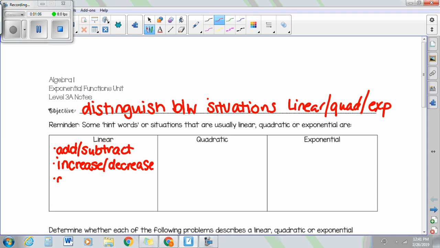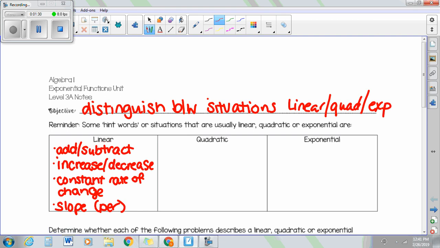These guys also have a constant rate of change. A lot of times you will also see slope, or maybe the word per. So for example, $2 per mile is telling you that the slope would be 2.